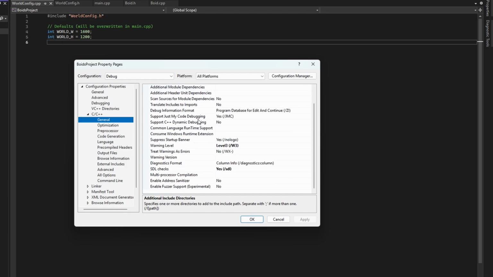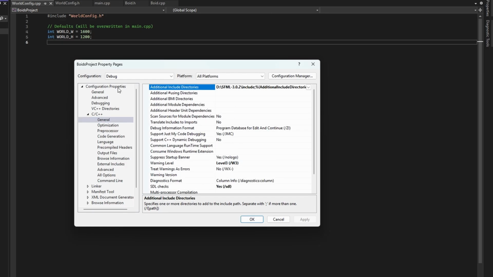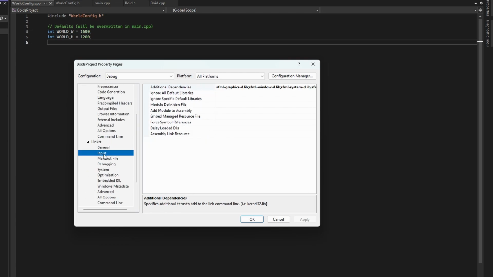So let's see. Yeah, so we have the SFML include libraries, and we also have linked all the libraries. So the graphics library, the window library, the system library, and the audio library. I never implemented any audio into this project. I haven't implemented it yet, I should say.